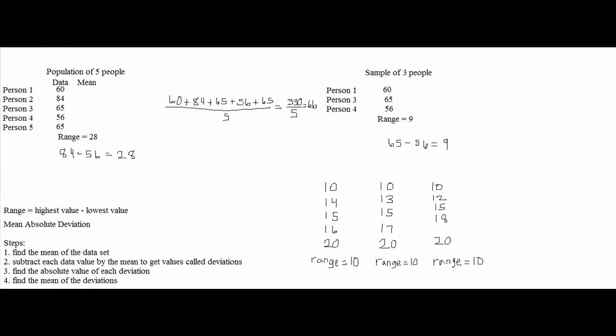Maybe I'll move this down a little bit. So the reason I wrote the word mean right there is to show that each number that I'm writing in this column is just the mean of 66.